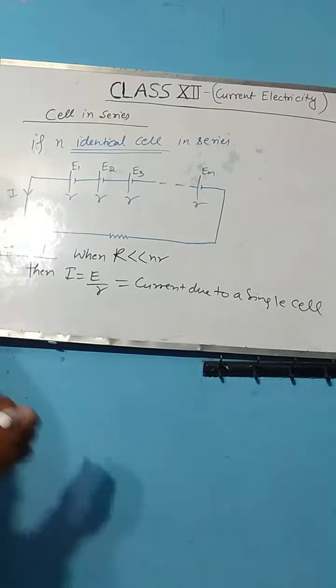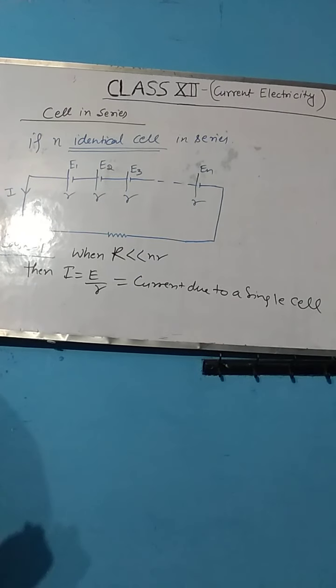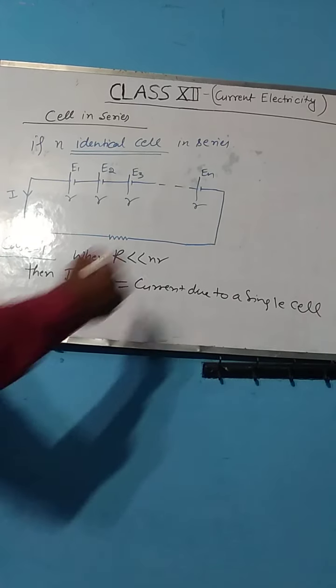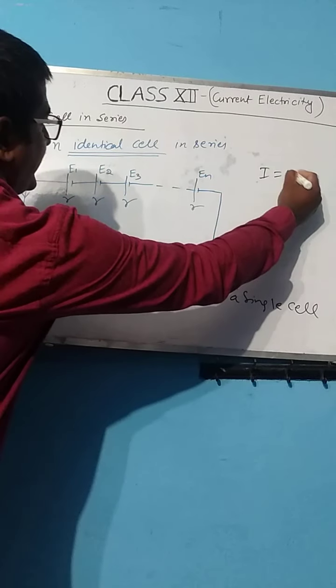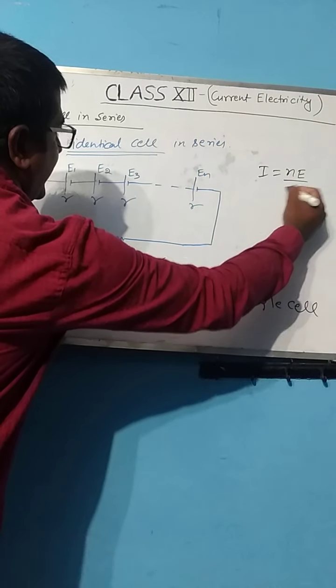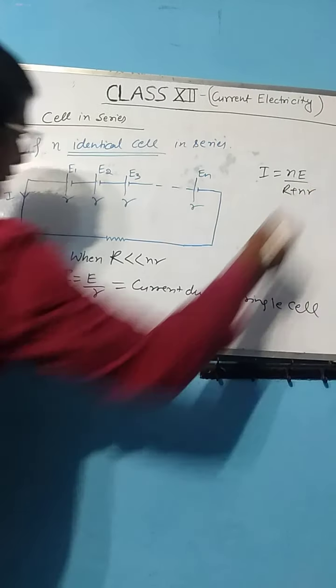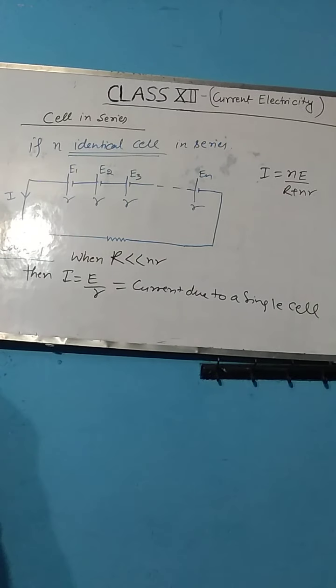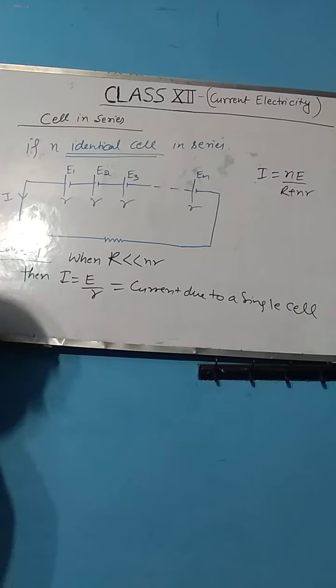Okay. So now we have to discuss the second case. For I equal to E equivalent, nE by R plus nr, we have to take the second case. We have to remove this circuit diagram.